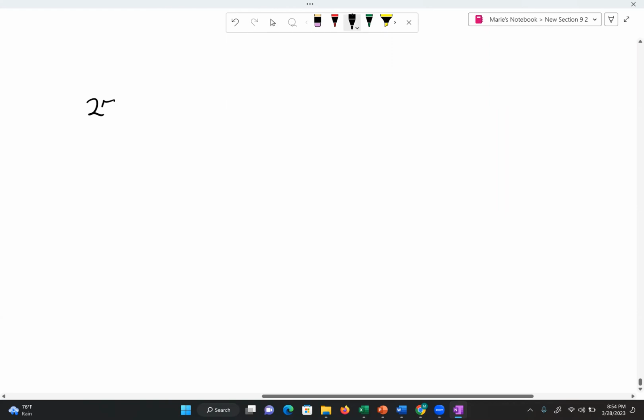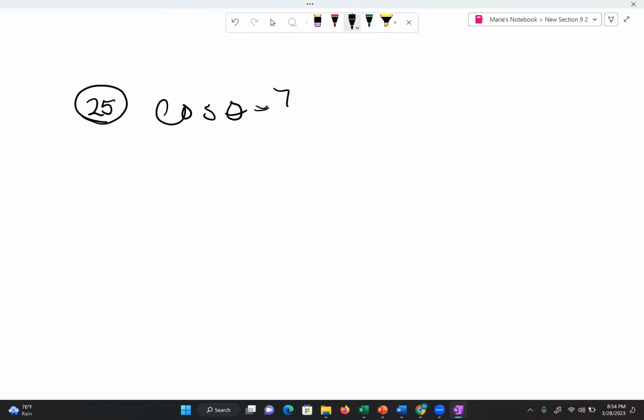Number 25, we have cosine theta is equal to 7 over 25. It is in quadrant 4, so it is positive. They want us to find sine 2 theta. And so if I'm finding sine 2 theta, I need to remember my double angle formulas.